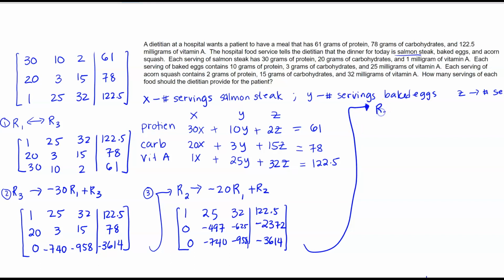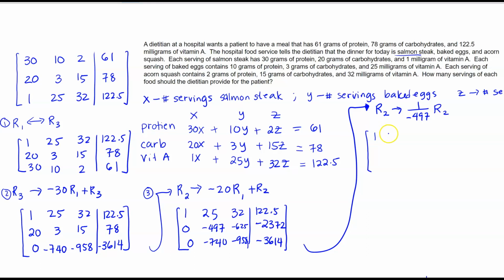So my R2 will be replaced by 1 over negative 497 times R2. In other words, you just divide everything by negative 497 to make this term here positive 1.